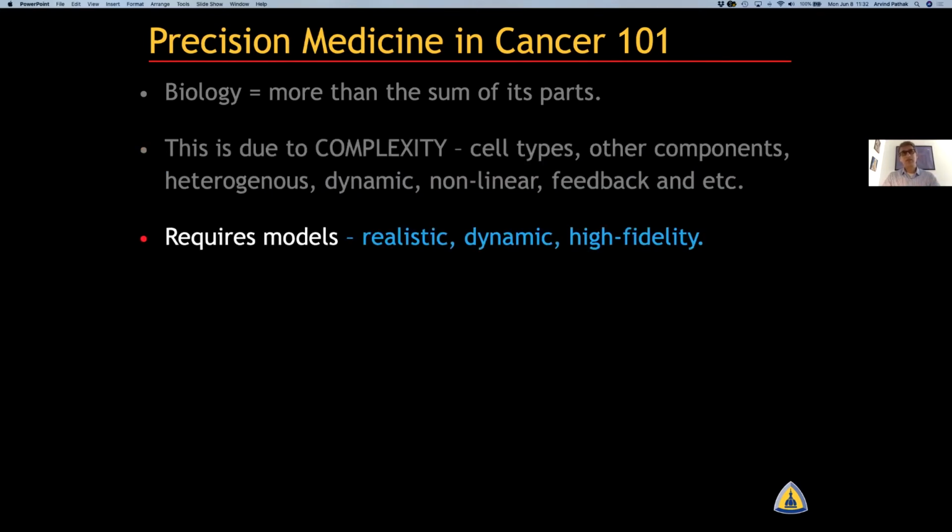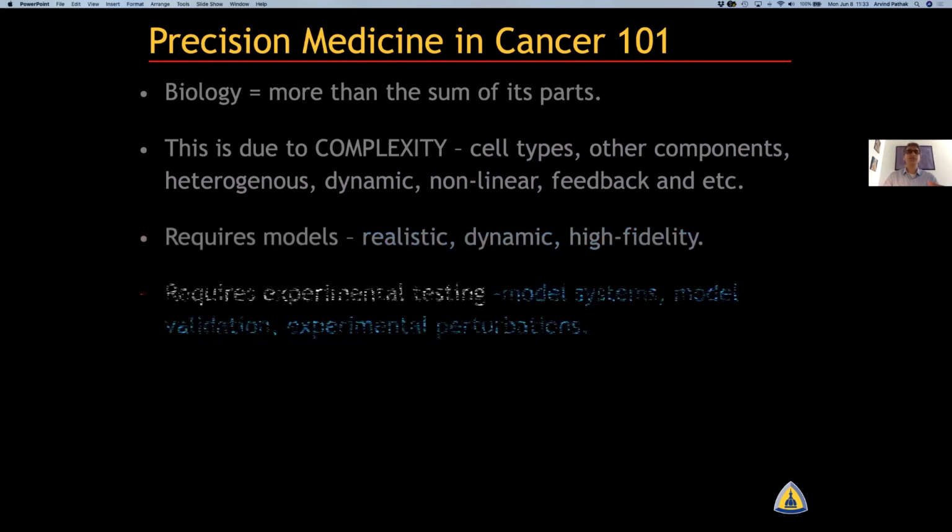So what we try to do is reduce some of this complexity by turning to model systems. But when we do that in our labs, we need to bear in mind that these systems need to be realistic. They need to mimic what we see in a patient or in nature. They need to mimic the dynamic nature of these systems, and they need to be high fidelity, so they reproduce the pathology that we're seeing with very high accuracy and precision.